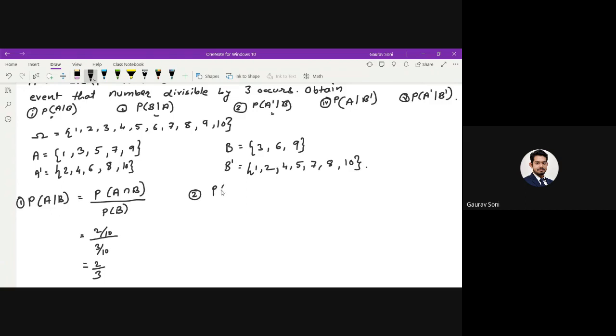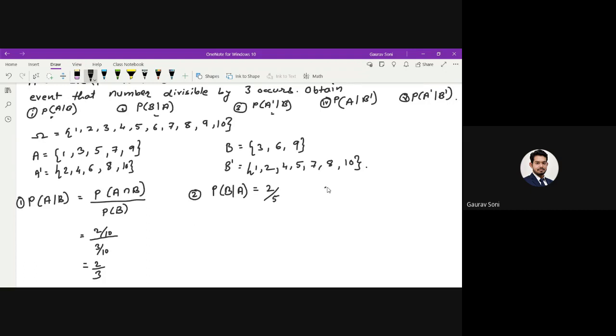Probability of B given A. Yes, anyone? 2 by 5.